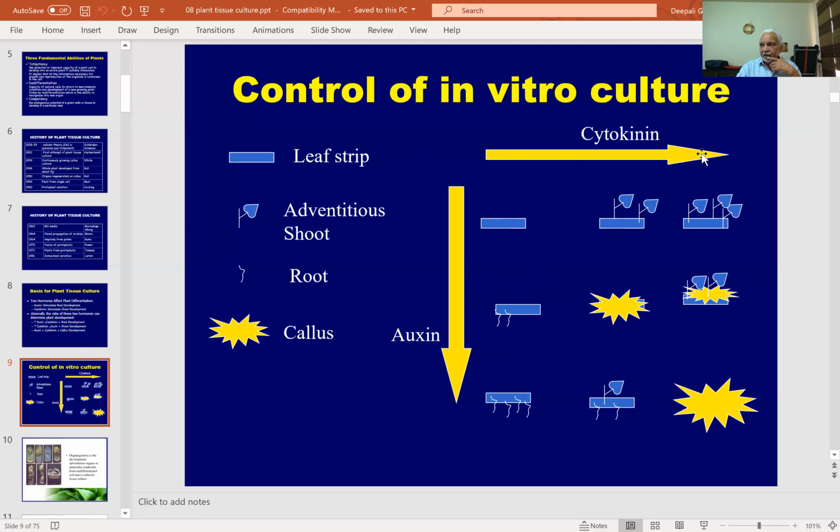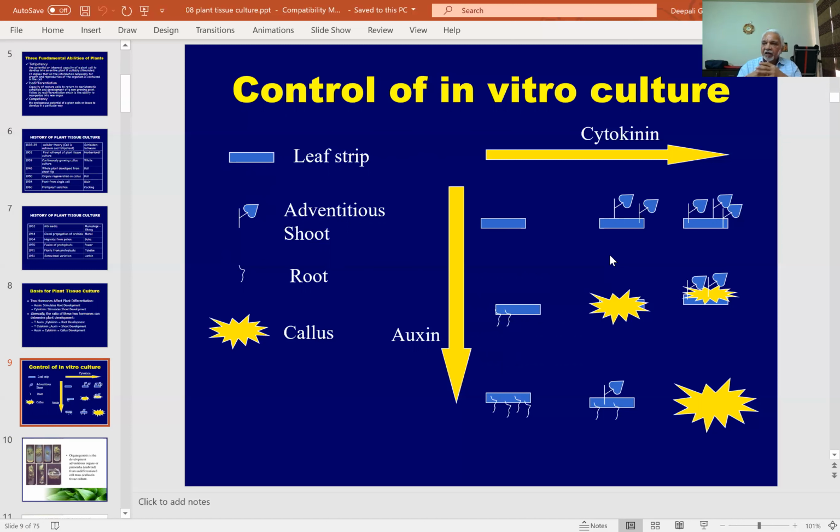If the cytokinin is more and auxin is less, you have shoot formation. And the other way around, if you have more auxin and less cytokinin, you have root formation. So normally what happens is you first have the shoot formation and then change the media to more of auxins to give you the root system.